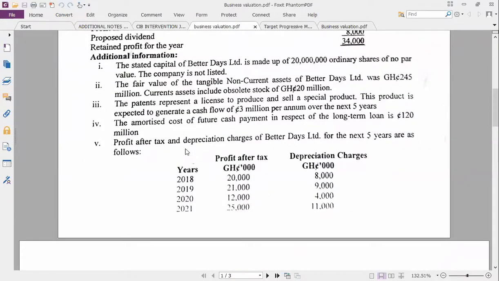We have no choice. Let's go to note 3. Patent represents a license to produce and sell a special product. This product is expected to generate cash flow of 3 million per annum over the next 5 years. So we find the present value over the next 5 years.